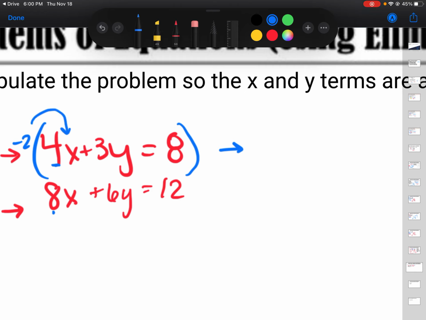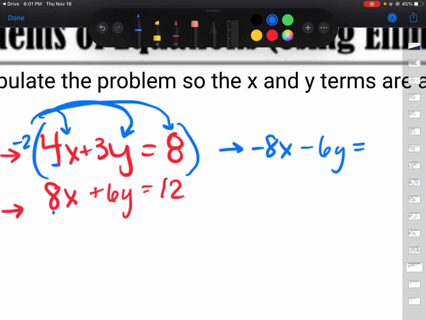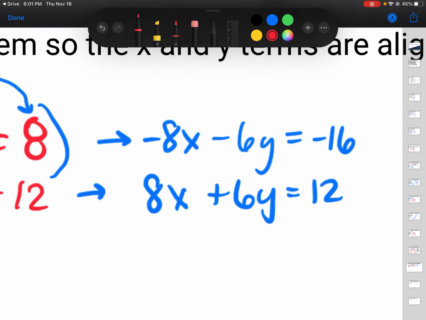So negative 2 times 4x is negative 8x. Negative 2 times 3y is negative 6y. Negative 2 times 8, negative 16. Second equation, we're not changing it. Keep it 8x plus 6y equals 12. Add them up.